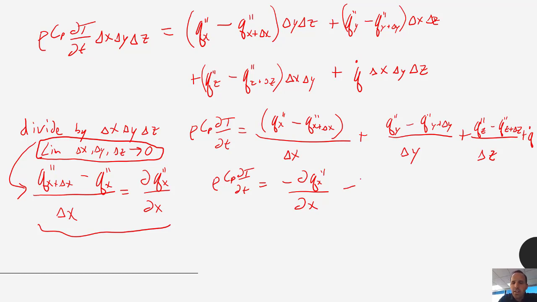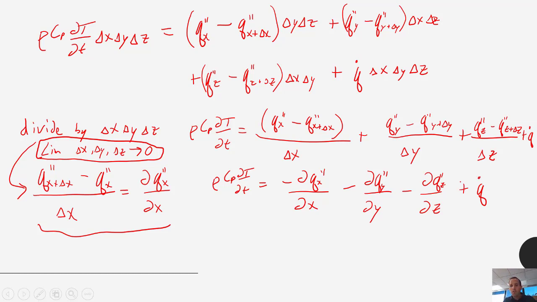So we have minus the partial derivative of the y flux, dqy double prime with respect to y, minus the partial derivative of the z flux with respect to z. And we still just have our generation term; we haven't had to do much with it.